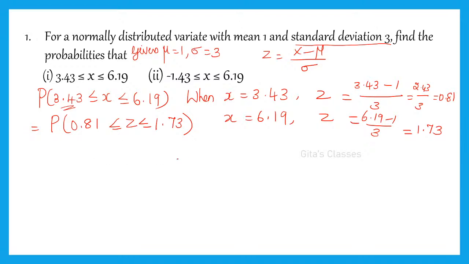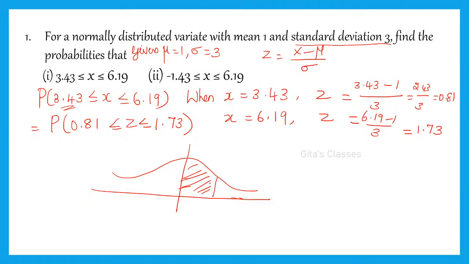Before that, I'll tell you certain things. Please listen. This is the normal curve. From the table we can find only this area, from z equal to 0 to z equal to some value.